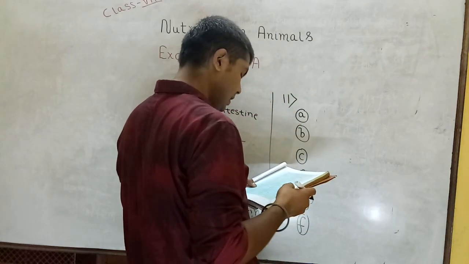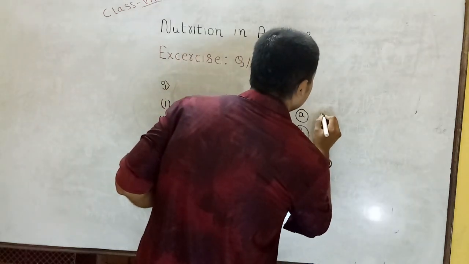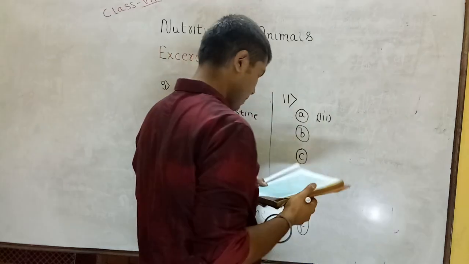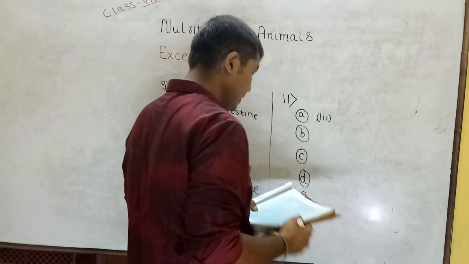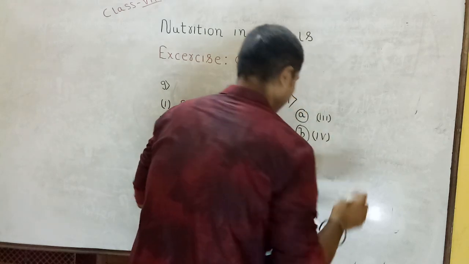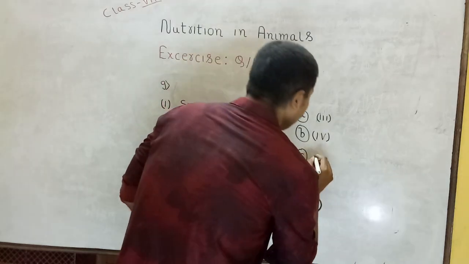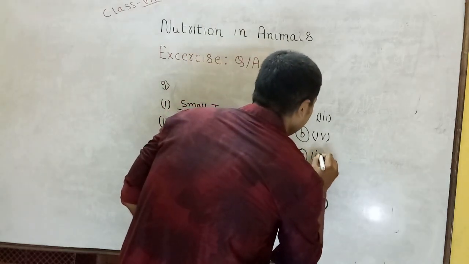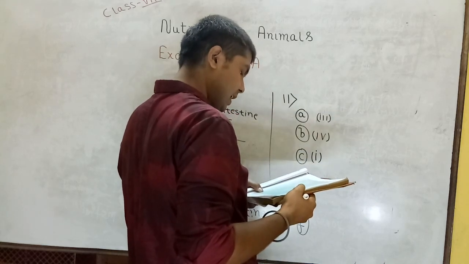Salivary gland, saliva secretion, 3. Stomach, the answer will be acid release, 4. Liver, bile juice secretion, 1.